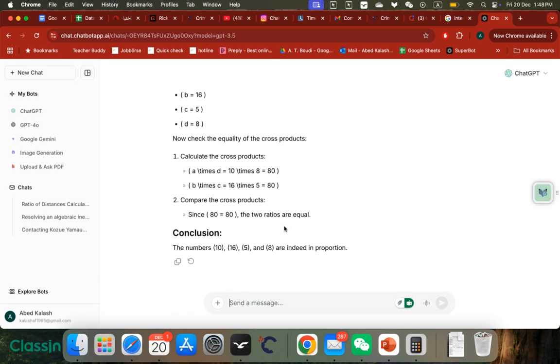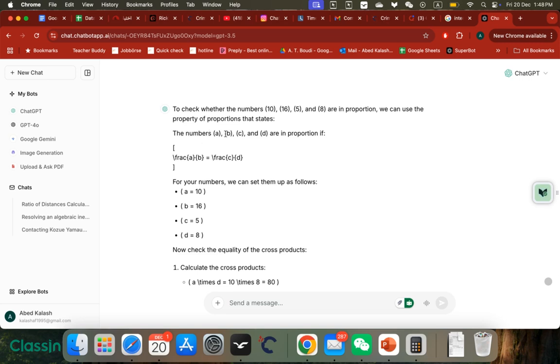Ah, it's the same thing. Wait. Find the numbers a, b, c, d are in proportion if fraction a over b is equal to fraction c over d. Ah, just like a regular proportion.